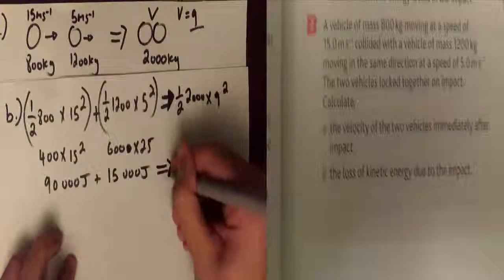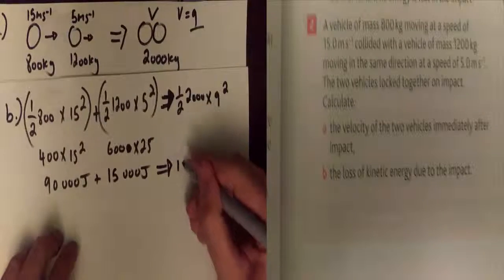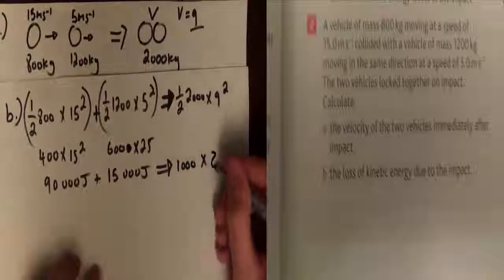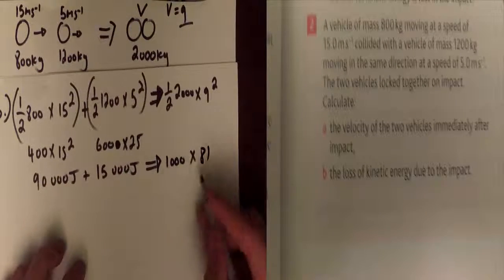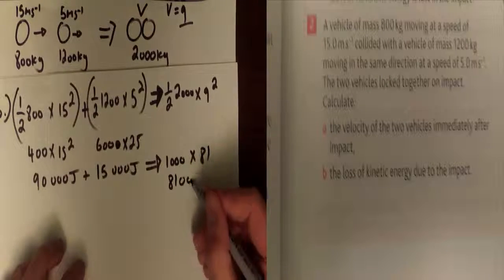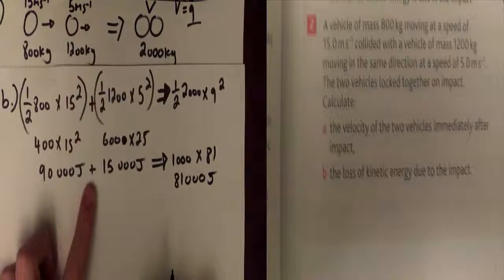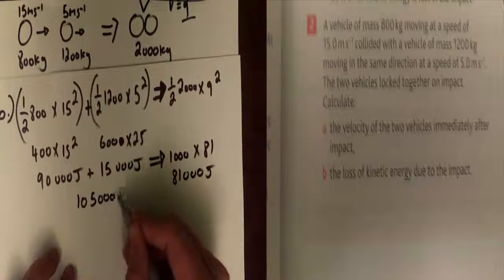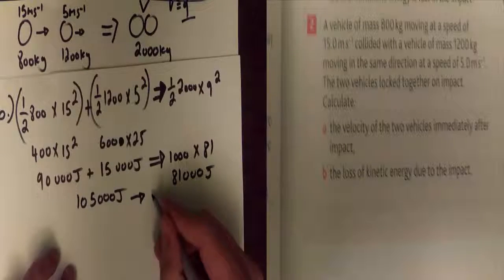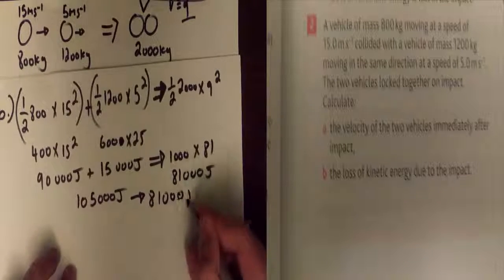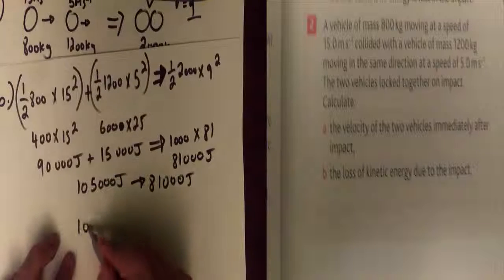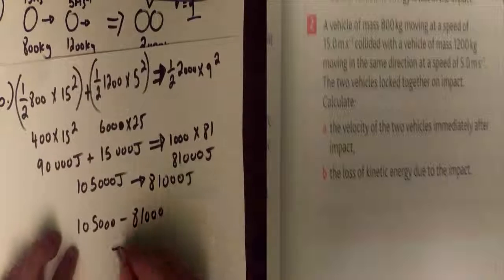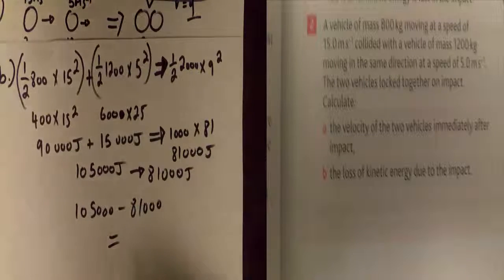And this will go to half of 2,000, 1,000 multiplied by 9 squared, which is 81, which is 81,000 joules. So the total kinetic energy before is 105,000 joules, and the total kinetic energy after is 81,000 joules. So we do 105,000, take away 81,000, and this will give us our loss in kinetic energy.